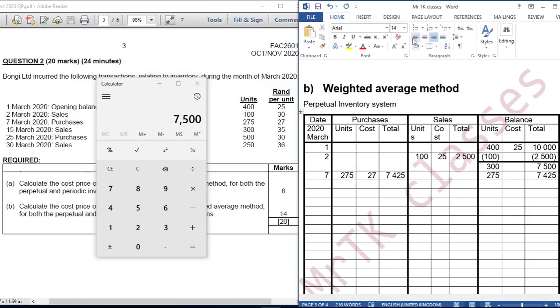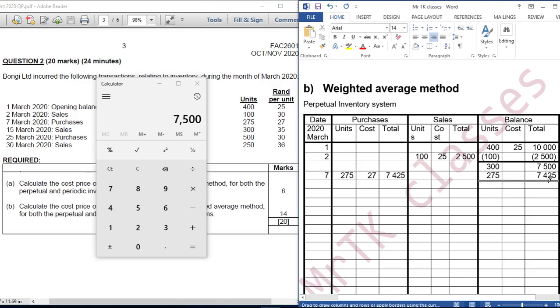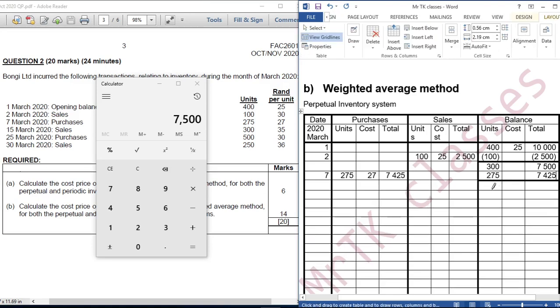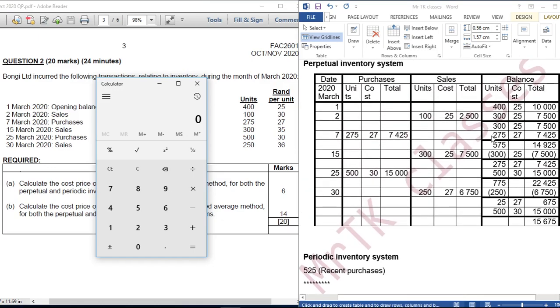So we come here, let us add these two. How many units do we have now in stock? 300 plus 275. I remember having this calculation. 300 plus 275 is equal to 575.